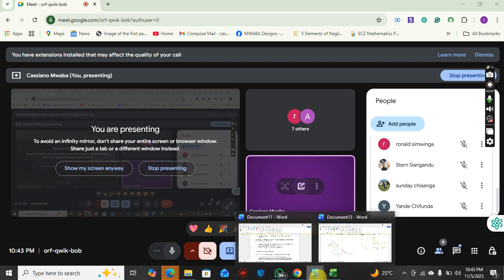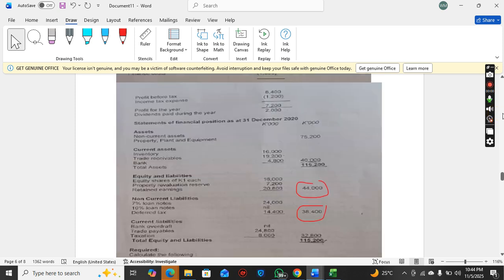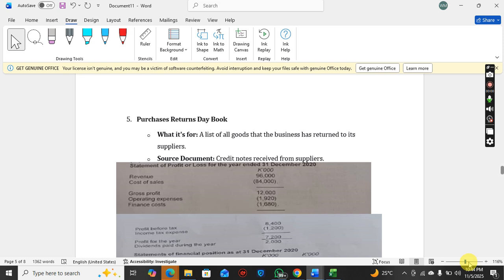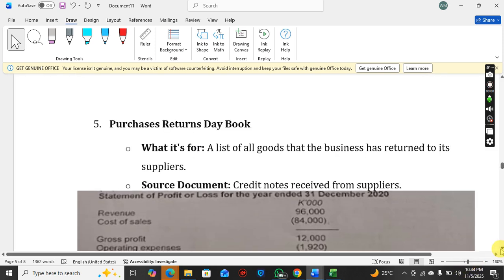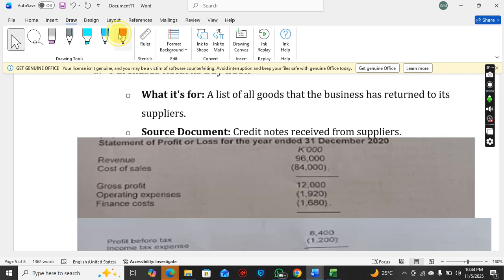Okay, yes, so operating profit, in this case, we can look in our income statement here. Just subtract gross profit minus operating expenses.